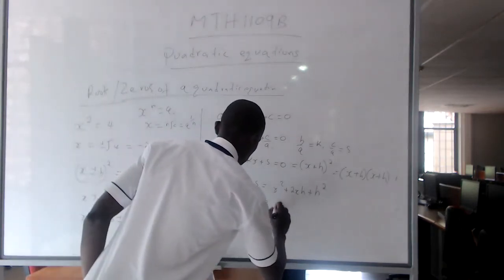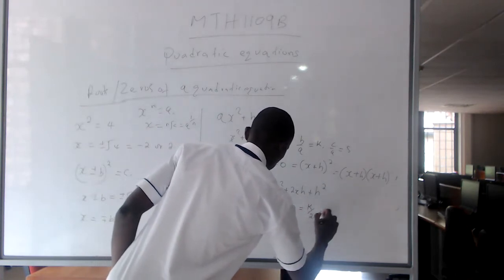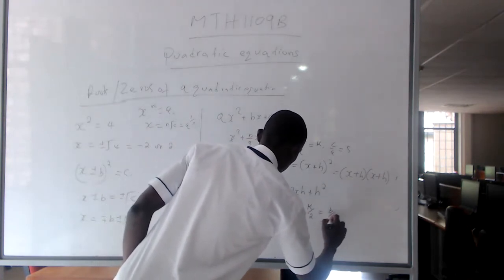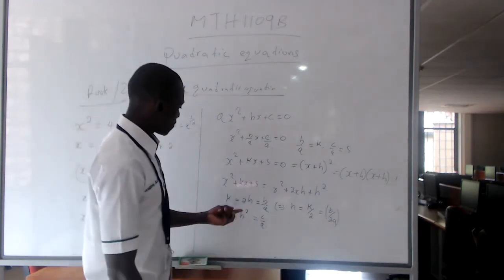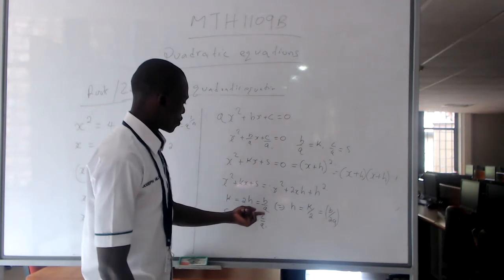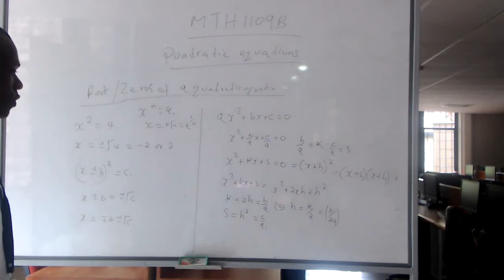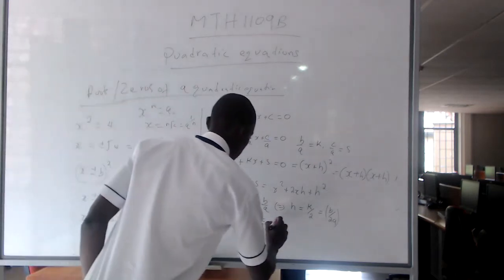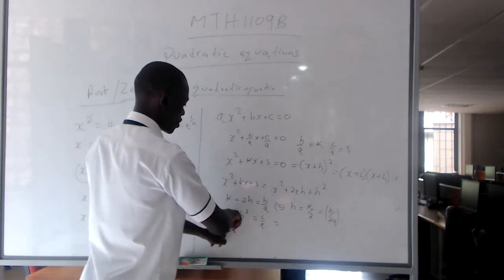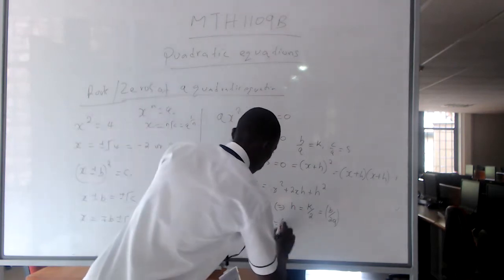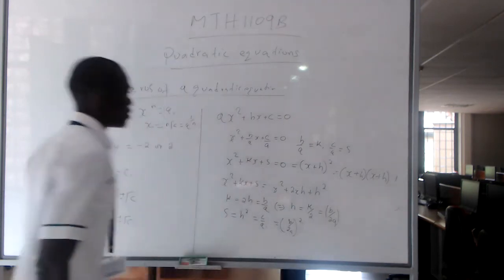So this means h is going to be k divided by 2, which has to be b divided by 2a, because k is simply b divided by a. So k divided by 2 will be b divided by 2a. And therefore, we have h as k divided by 2. But remember, h squared is going to be s. So therefore, h squared will be b divided by 2a squared.